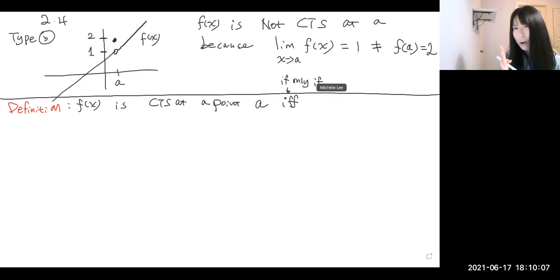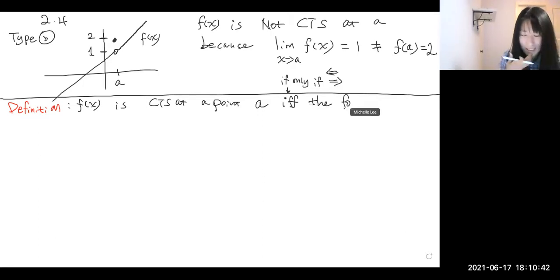In math, it means this way makes a true statement, and the other way also makes a true statement. It's hard to say. Anyway, let me write down here first, okay? Let me explain.